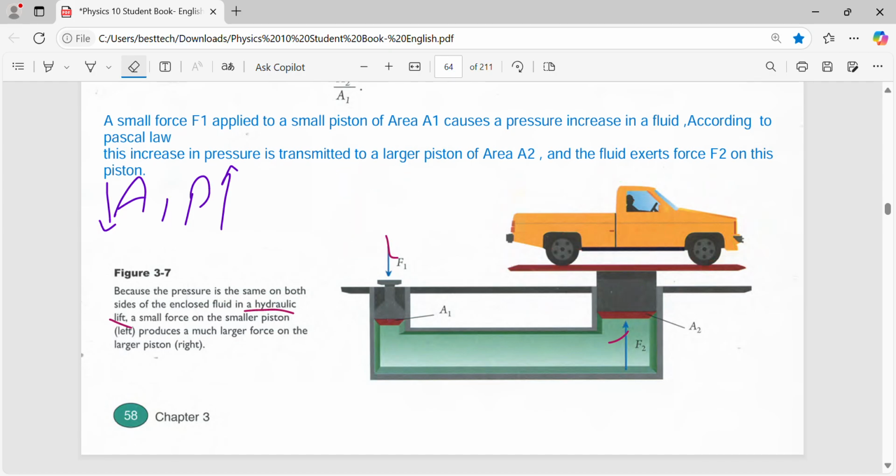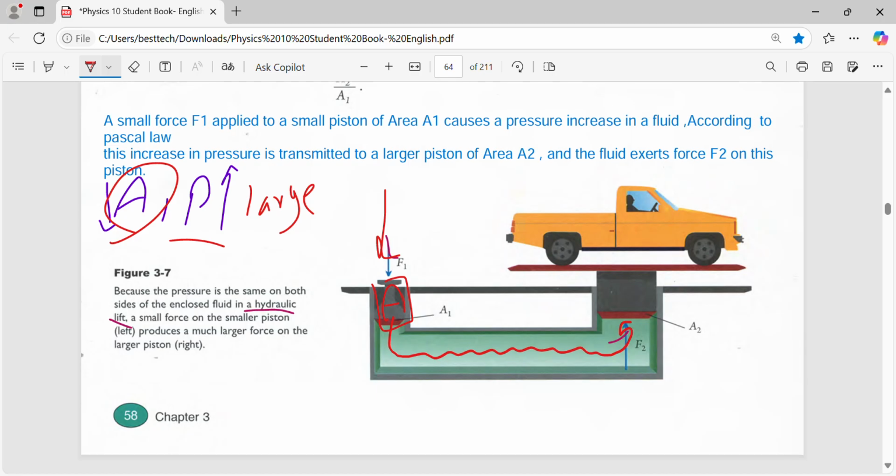Let me repeat again. Be with me. Because we apply a pressure on this small area, if we have a small area, we get a large pressure. So here we produce a large pressure, and this large pressure will be transmitted equally until it gets to the second piston.